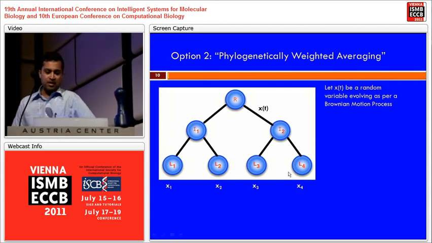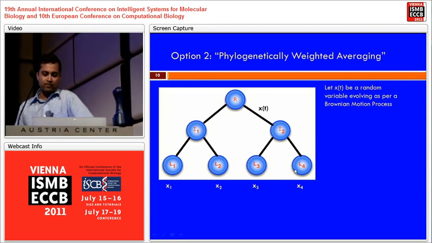We imagine that x_t is a random variable evolving along the branches of this phylogeny as per a Brownian motion process, so that the value of the variable at any node has a Gaussian distribution conditioned on the value of the variable at its parent node.